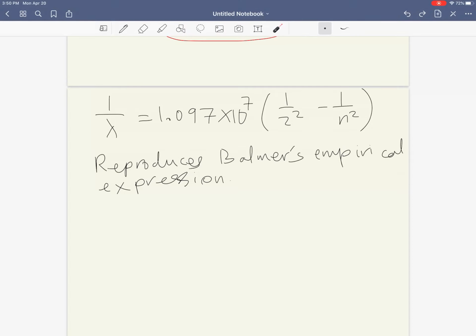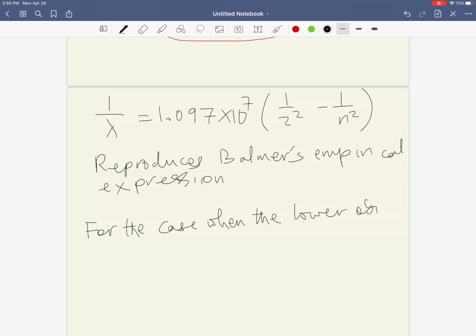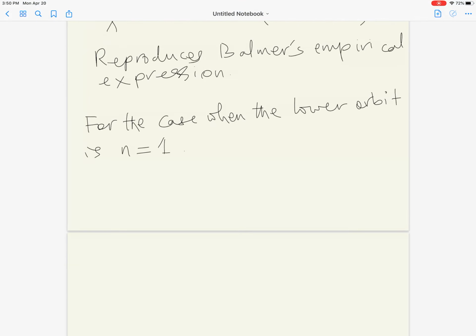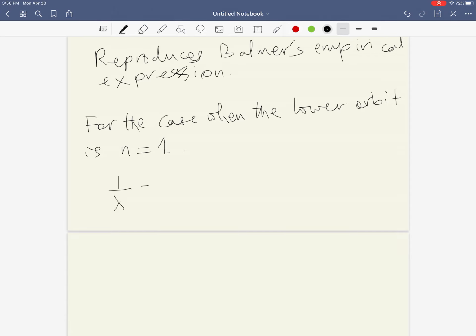So for the transition that I'm describing, when the lower orbit is n equal to 1, we get an expression as follows. 1 over lambda is the Rydberg constant, 1 over 1 squared minus 1 over n squared, where n is then 2, 3, 4, 5, and so on.